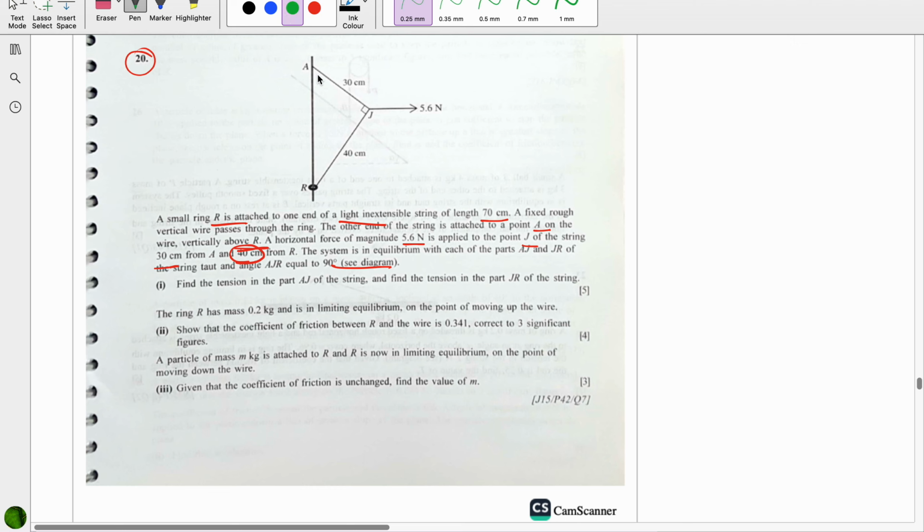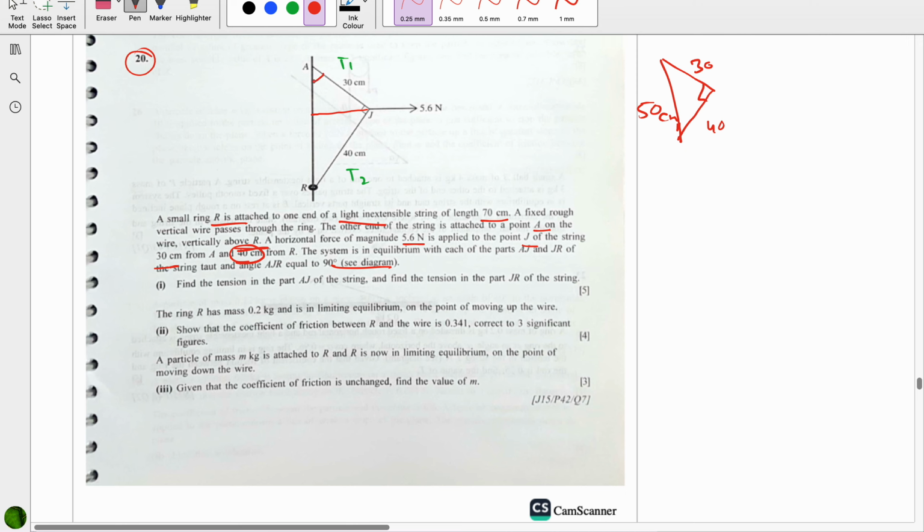If I say AJ is T1 and JR is T2, I resolve these two. Before we move any further, if we simplify a little, this is 30, this is 40, this is 90. So when we apply Pythagoras' theorem, this would be 50. 3 squared plus 4 squared, whole square root, is 5. So this is 50 centimeters.